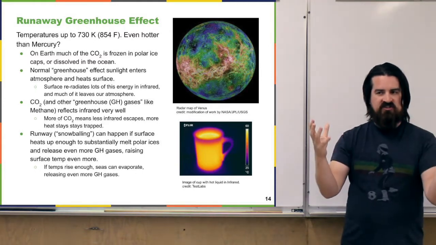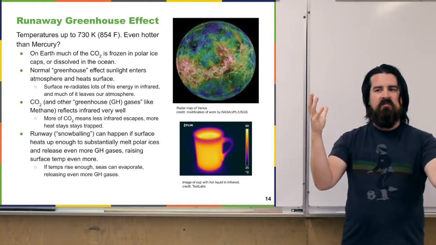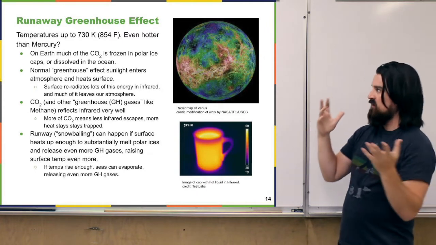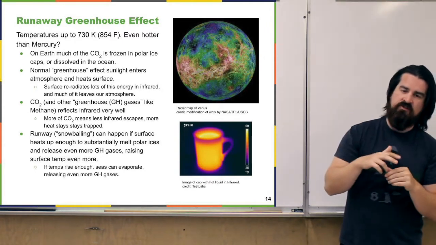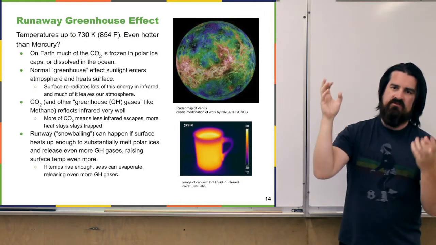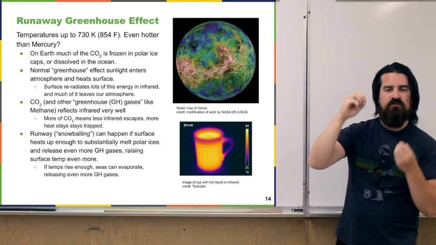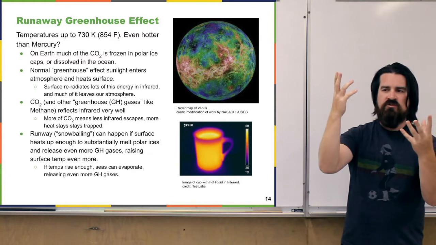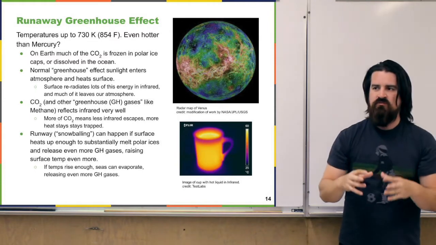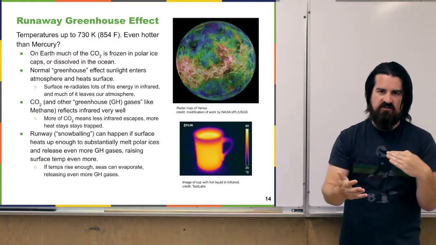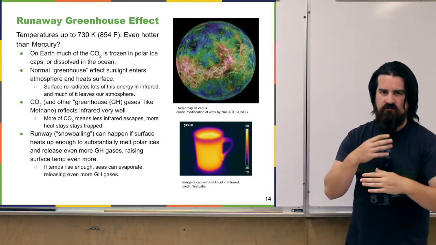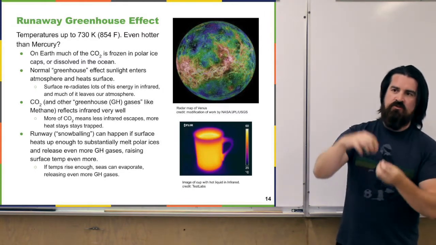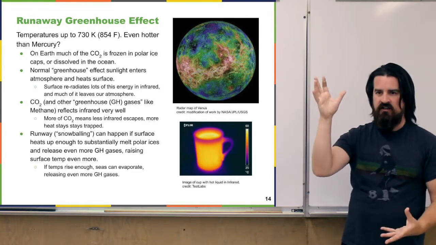And if that process continues, the temperature will warm up enough where we'll start to melt our polar ice caps. Remember, there's a lot of CO2 locked in those ice caps, frozen in there. And so if they start to melt, then you release even more CO2. And so you keep pushing this process along, where it becomes self-perpetuating: you're melting the ice caps, so you're releasing more CO2, so it's getting even hotter.